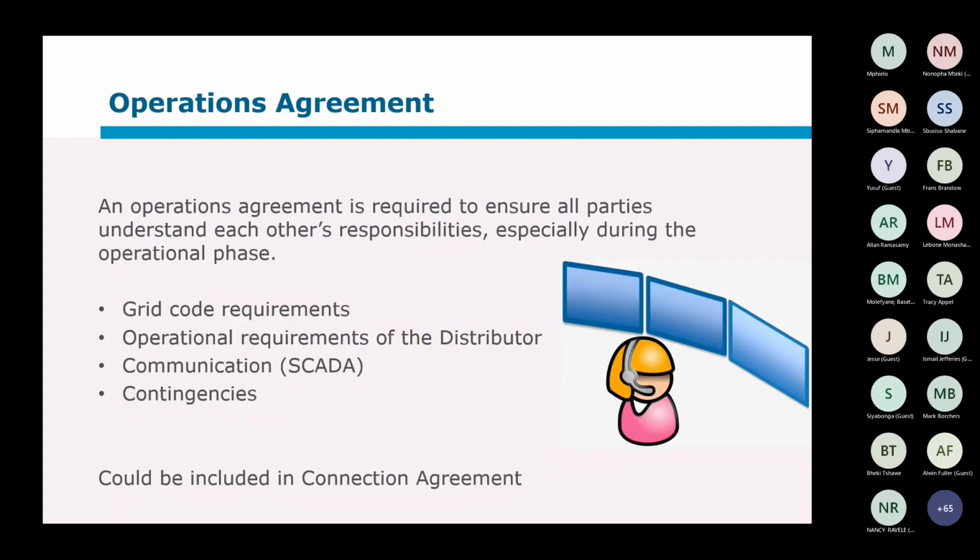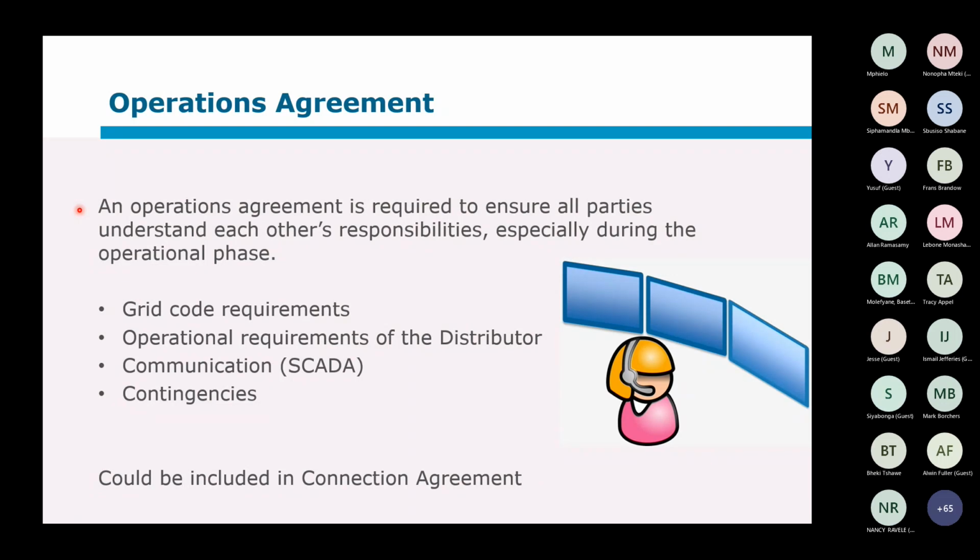Next one is an operations agreement. This is also in terms of the grid code. The idea is that everybody understands their responsibilities. For instance, if there is a problem on the network, like overvoltage, and the distribution network operator requests that the generator curtails their output power to reduce the voltage a little bit.